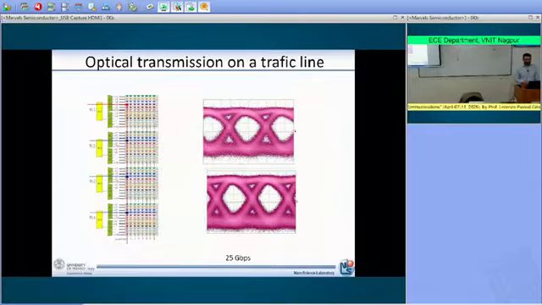Then we try to see whether we are indeed able to put this transceiver on a traffic line. Here is an eye diagram of the switching working with a 20 gigabit per second input wavelength. You see the eye diagram before and after having added or dropped a channel from the line, and the eye diagram is open.